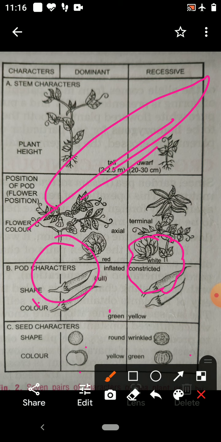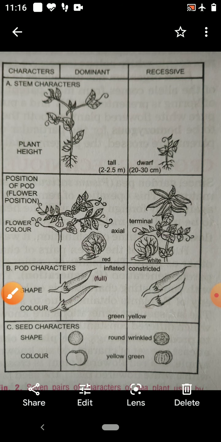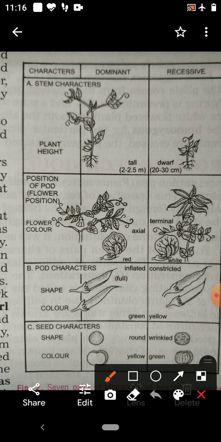So taking these 7 pairs of contrasting characters, Gregor John Mendel conducted experiments. In these characters, Mendel told one is dominant, other is recessive. As in the height of the plant, tall is the dominant and dwarf character is the recessive. In the position of flower, axial is dominant and terminal is recessive.